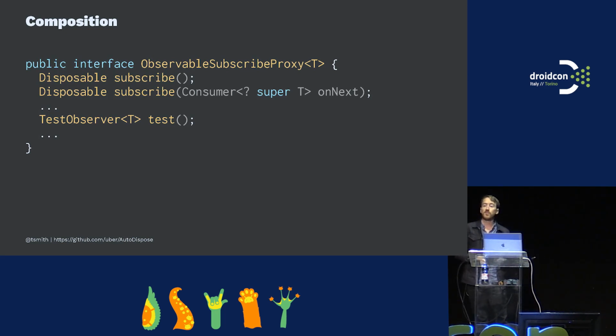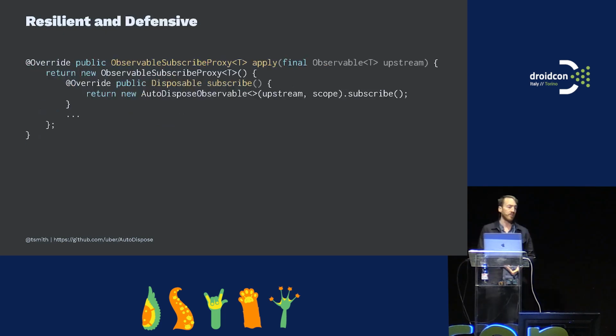Composition helps to increase the resiliency of your APIs, but there are other ways to do that as well. And in general, your APIs should be resilient, defensive, and safe to use. For example, if a method takes an object parameter, it should either be immutable, a primitive, or it should make a copy to prevent the user from mutating it or causing race conditions. Data classes and configuration-rich objects should use builders to ensure they are in a valid state for use.